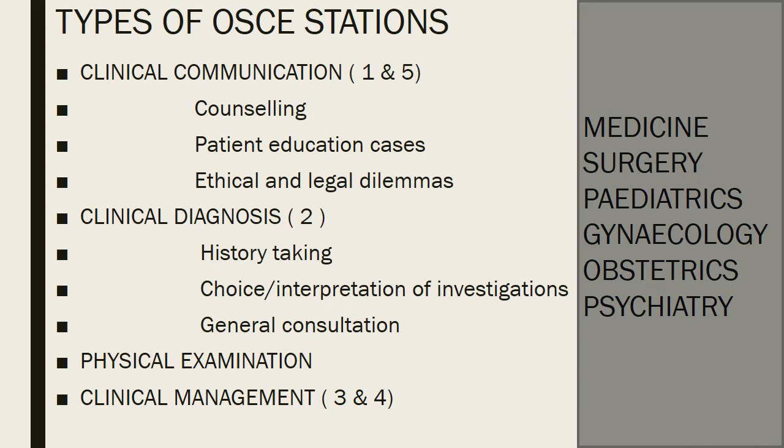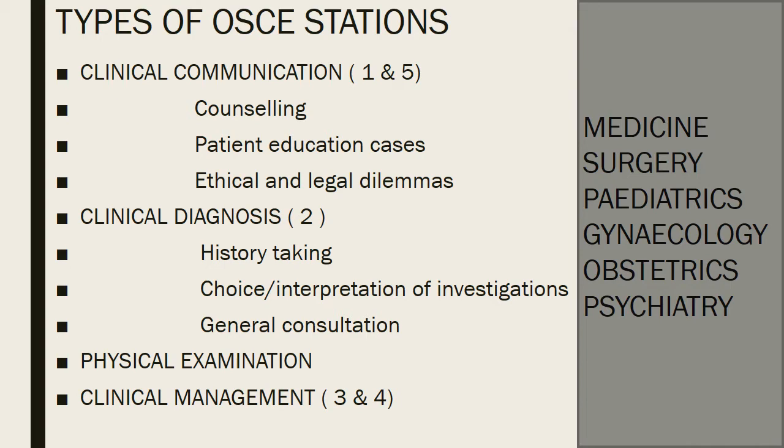Then there can be ethical and legal dilemmas as well. For example, taking the patient off the ventilator or sterilization of an intellectually disabled minor kid. These are various ethical and legal dilemmas, and these are all very well explained in the AMC clinical handbook.